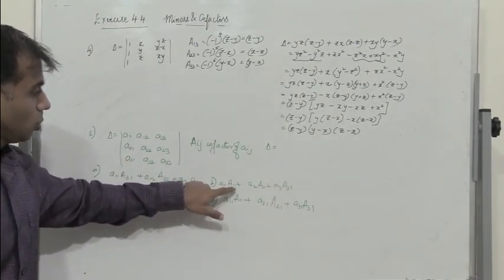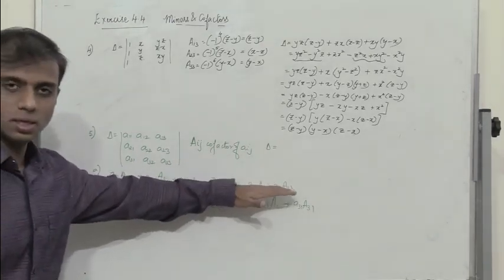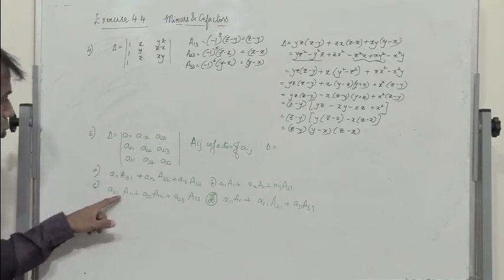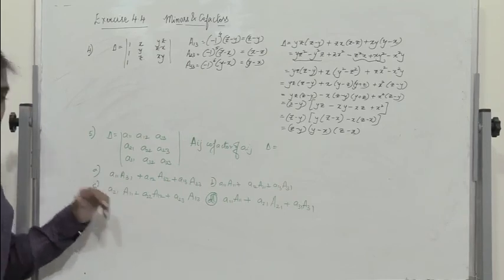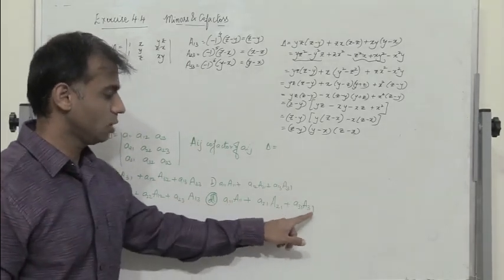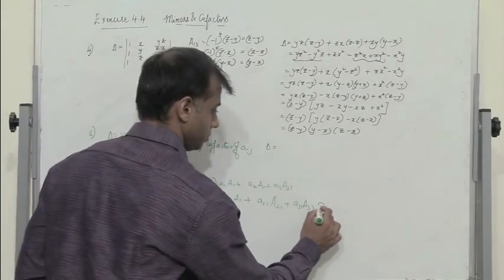Here it is 1 1, but here it is 1 2 and 2 1, so B cannot be the right option. Again in C I have a21 and A11, so this also cannot be the right option. But in D I have 1 1, 2 1 and 3 1. So therefore the correct option is D.